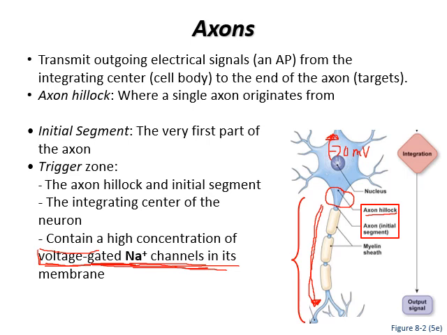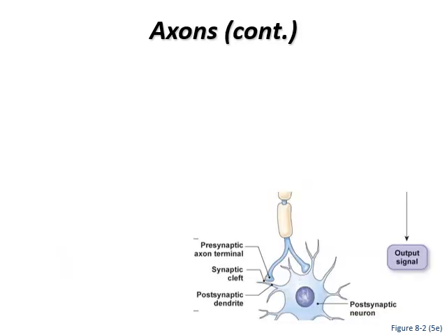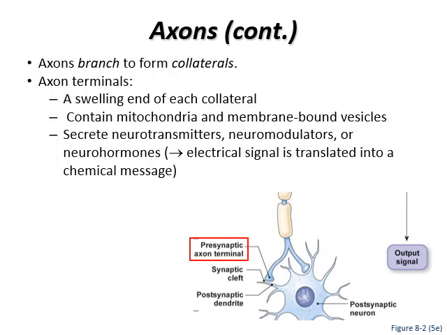So the axons, they're going to come down. The action potential can be sent down, and then we reach the end of the axons here where they branch. These are the axon terminals.